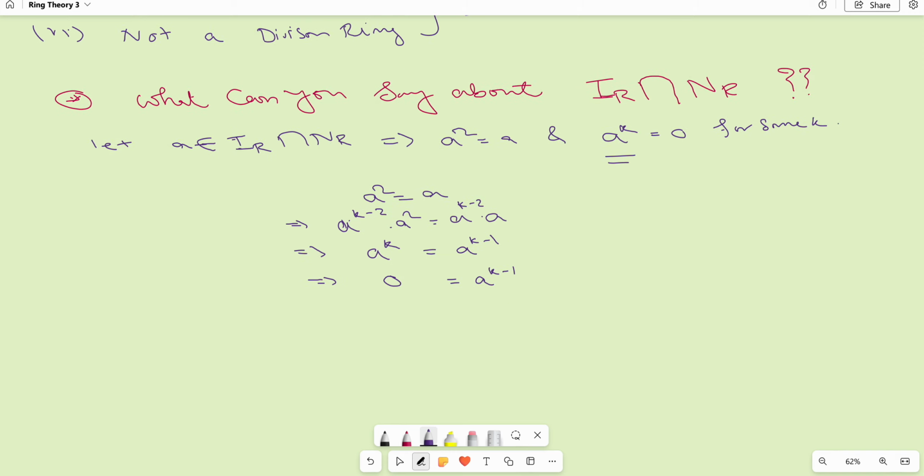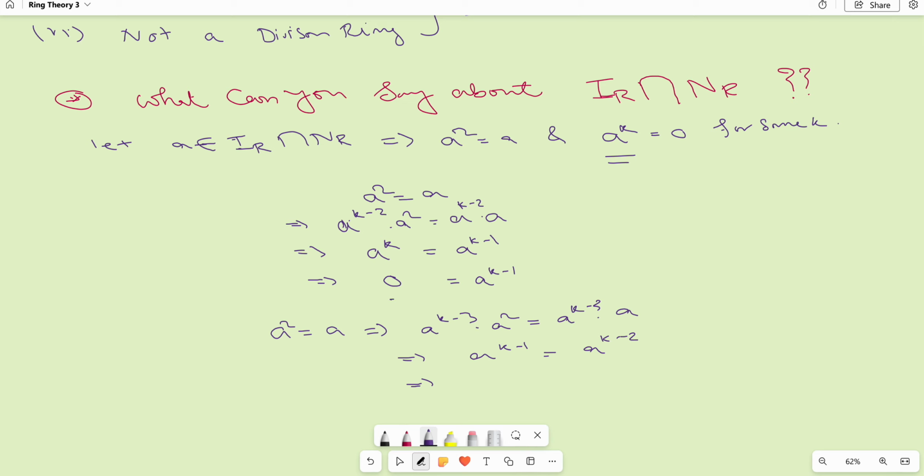So similarly, you will do A^2 = A, which implies A^(k-3) into A^2 equals A^(k-3) into A. It implies that A^(k-1) equals A^(k-2).